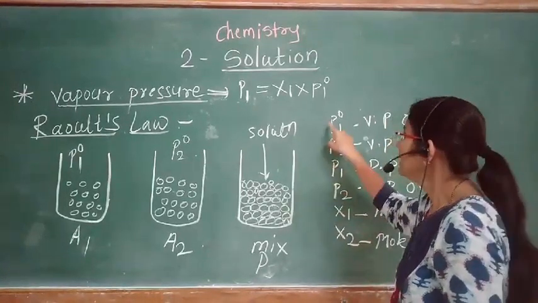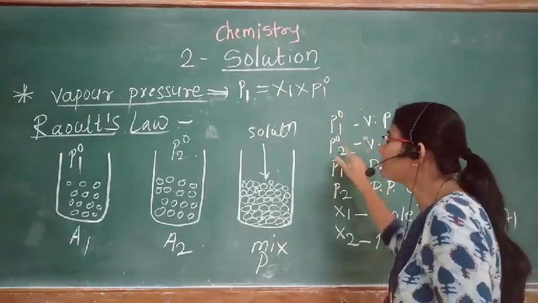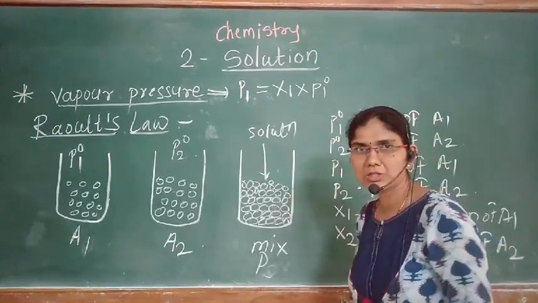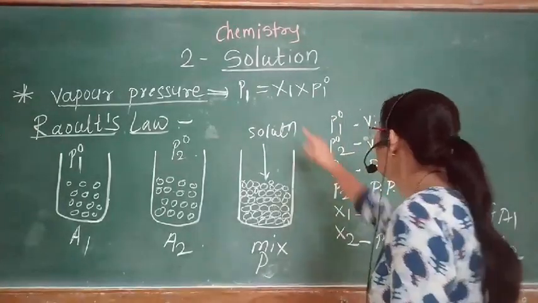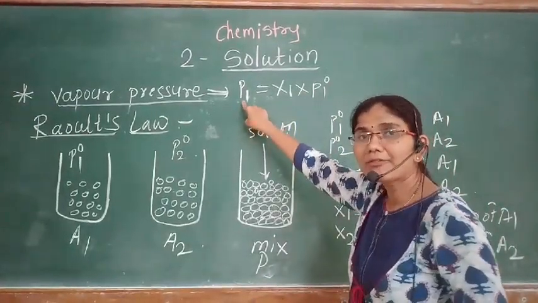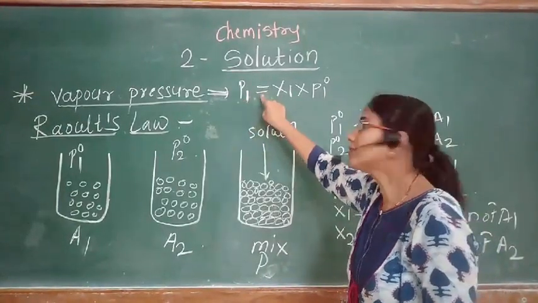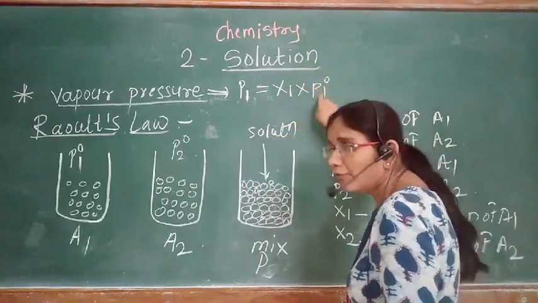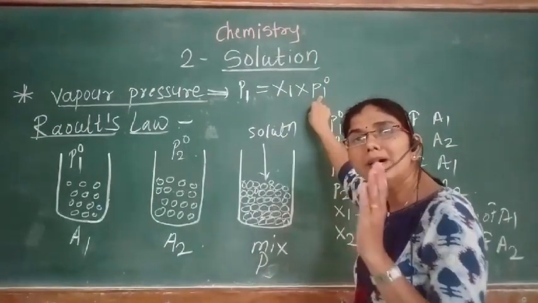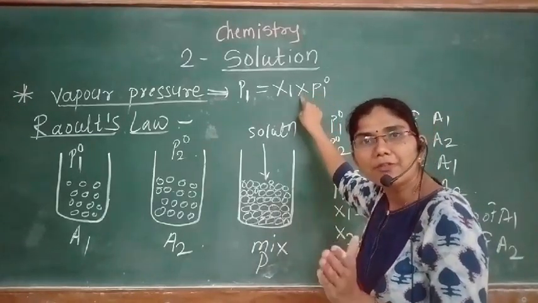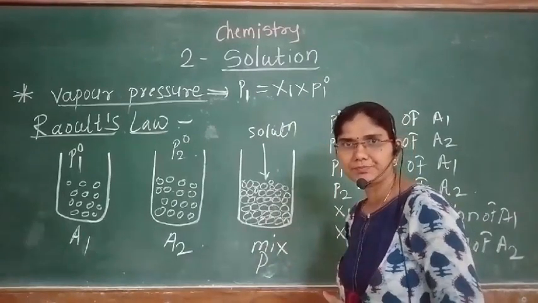Partial pressure means P1 and P2, and vapor pressure P0 1 and P0 2. So Raoult's law states that the partial pressure of any volatile component of the solution is equal to the vapor pressure of that component multiplied by the mole fraction of that component in the solution.